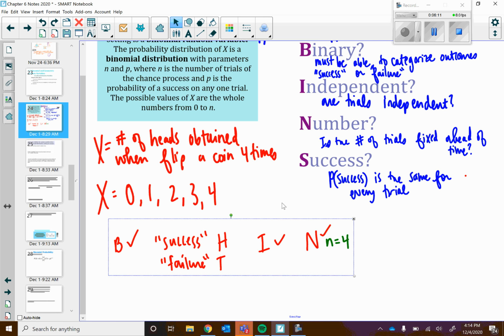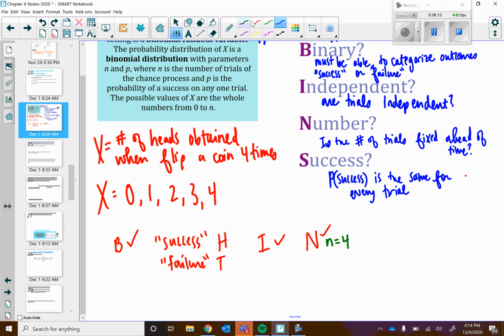We said success was getting a head, and if I consider the probability of getting a head on any flip of a coin, it's always 1/2. So the probability of a success is the same every time. I have these 4 characteristics, BINS, which means this random variable right here is known as a binomial random variable.